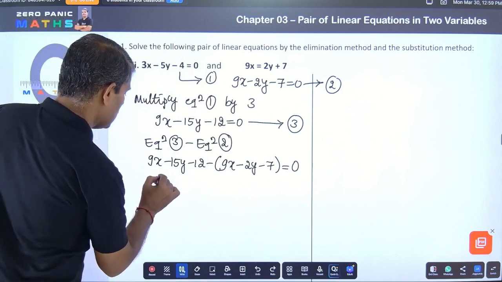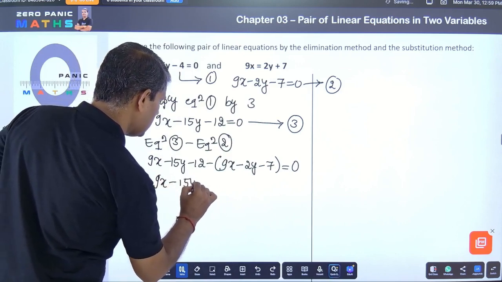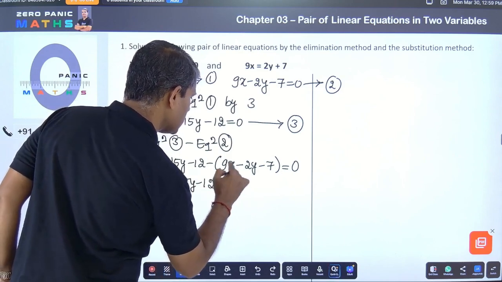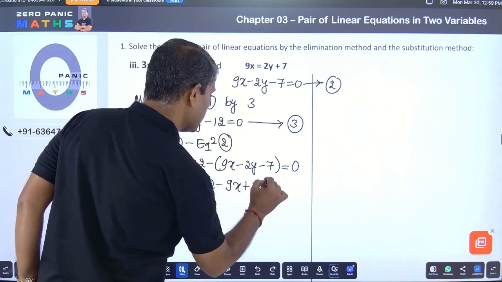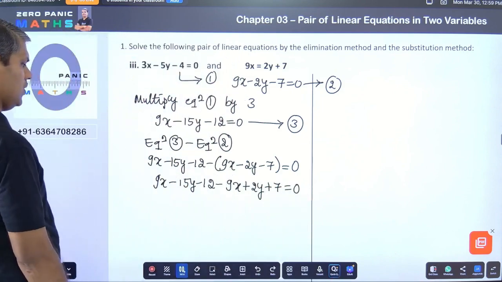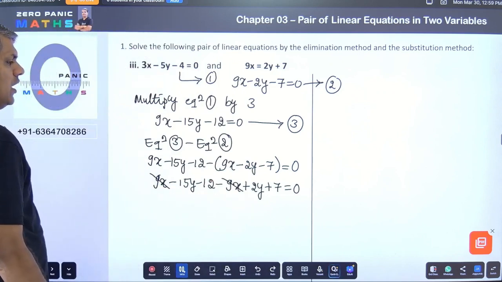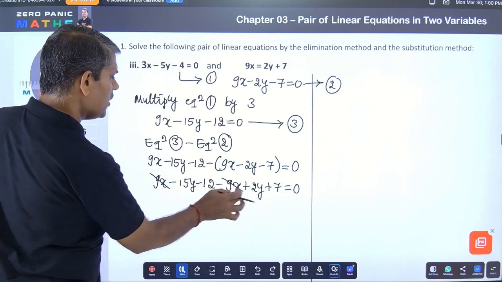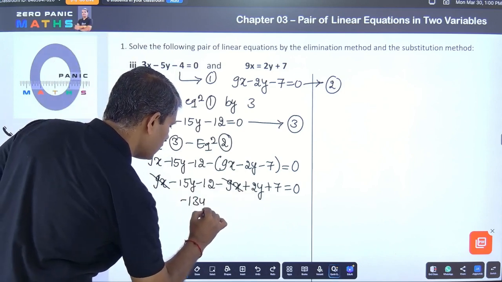So let us extend this: 9x minus 15y minus 12 minus 9x, and minus into minus plus 2y, minus into minus plus 7, is equal to 0. So that allows us to cancel x. Minus 15y plus 2y, that is minus 13y.